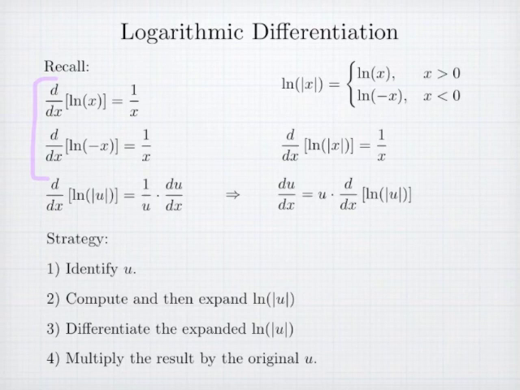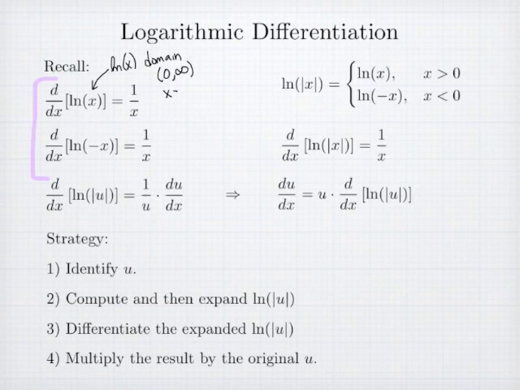From the previous slide, we learned that the derivative of the logarithm of x equals 1 over x, and the derivative of the logarithm of negative x is also 1 over x. The thing that's different about these functions is their domain. The logarithm of x has a domain of positive numbers.